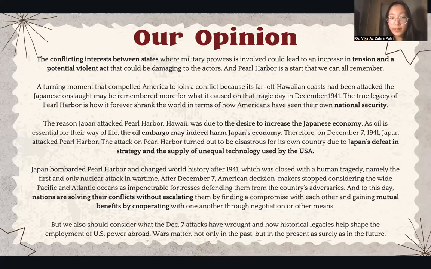And the reason Japan attacked Pearl Harbor was the desire to increase the Japanese economy. As oil is essential for the way of life, the oil embargo could indeed harm Japan's economy. Therefore, on December 7th, Japan decided to attack Pearl Harbor.